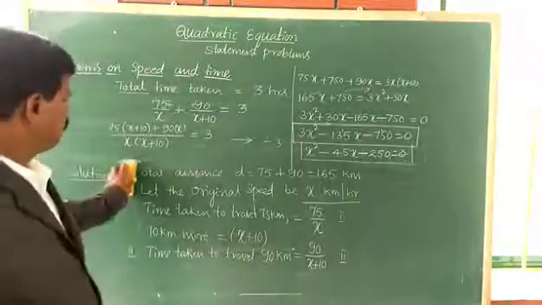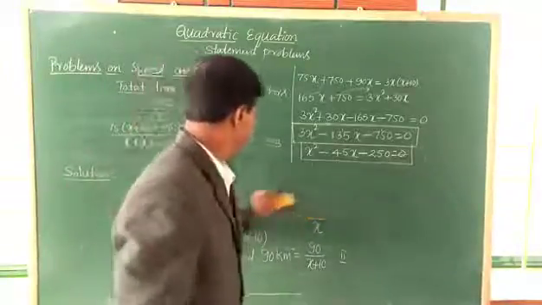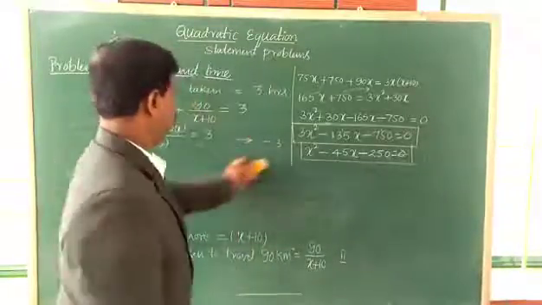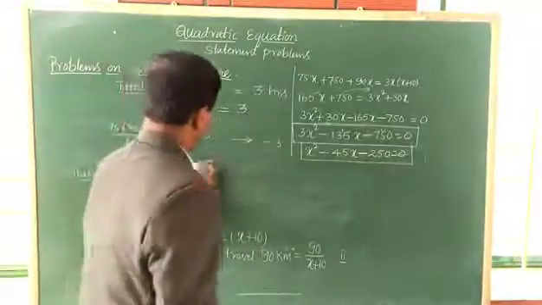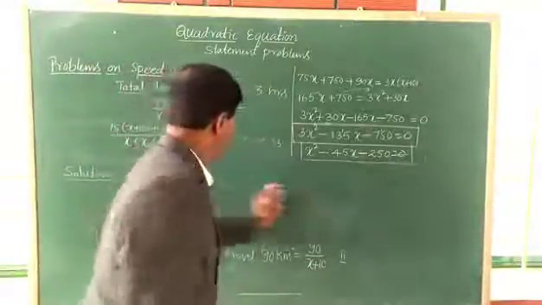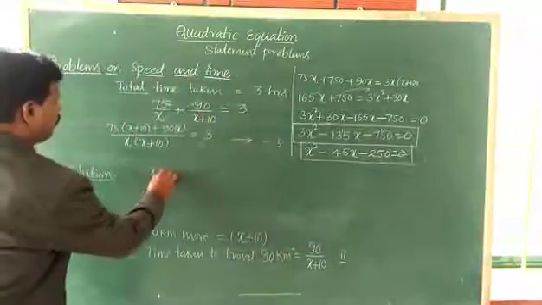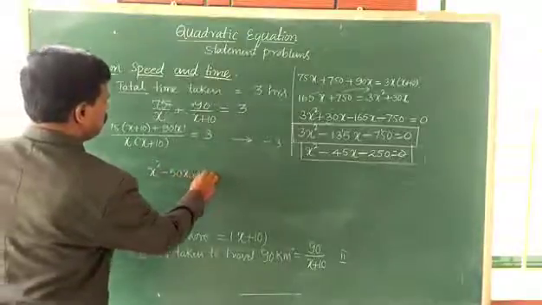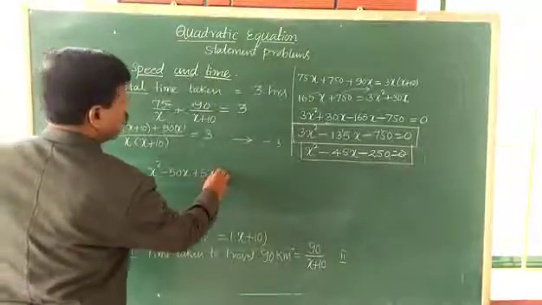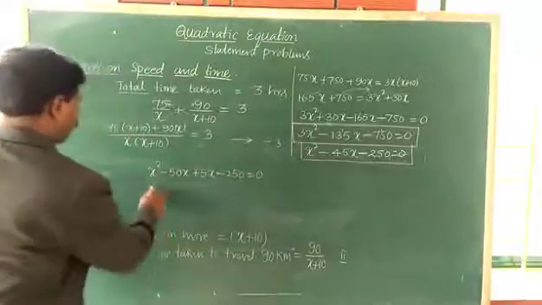So I am going to bring this. So x square minus 50x plus 5x minus 250 equals 0.